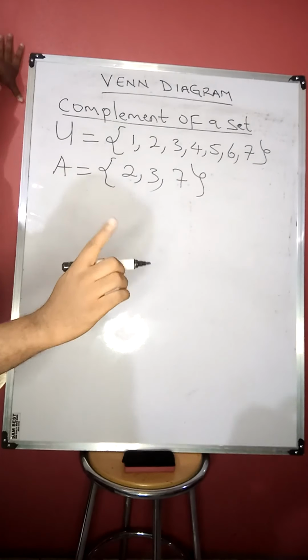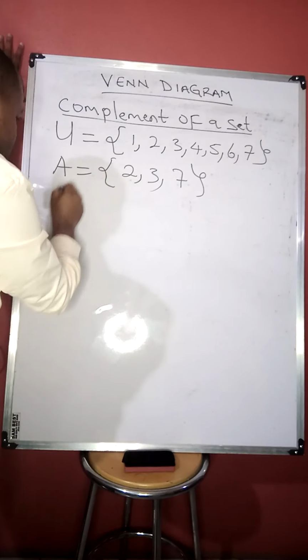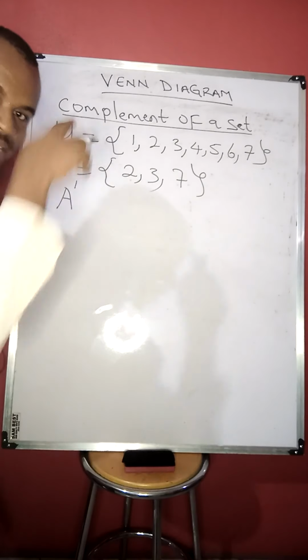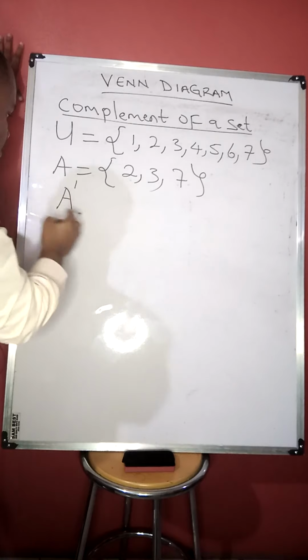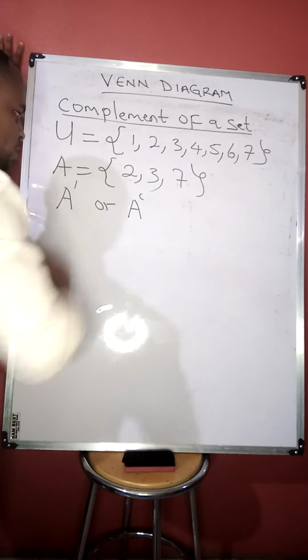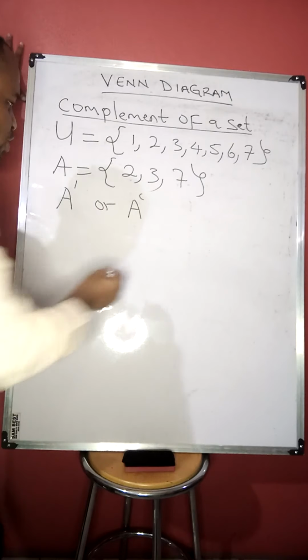My A complement, the complement is written this way. Either you write it as A with a single apostrophe, its complement, or you write it as A with a small letter C on it. A complement, that's how it is written.